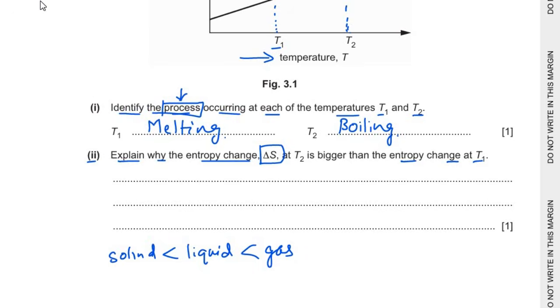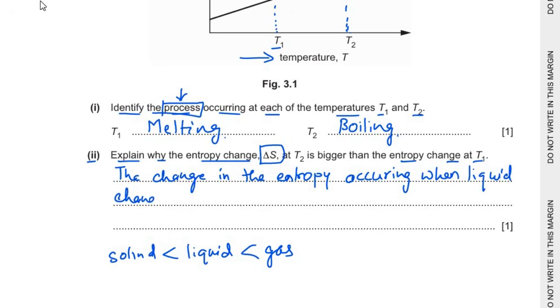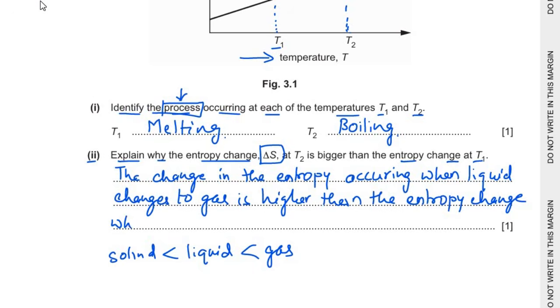So that's how we are going to explain here, that the change in the entropy occurring when liquid changes to gas is higher than the entropy change which occurs when a solid changes to liquid.